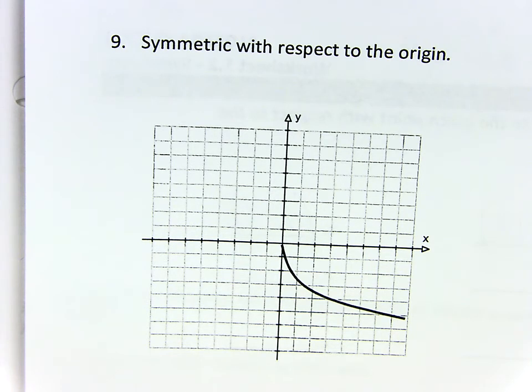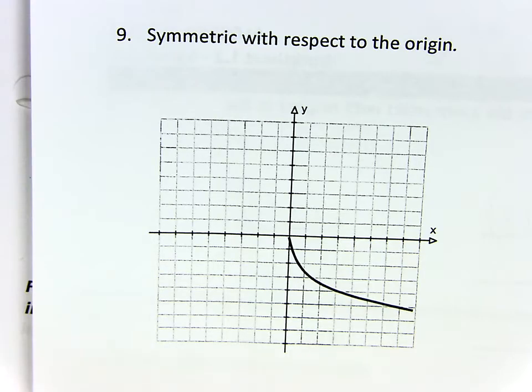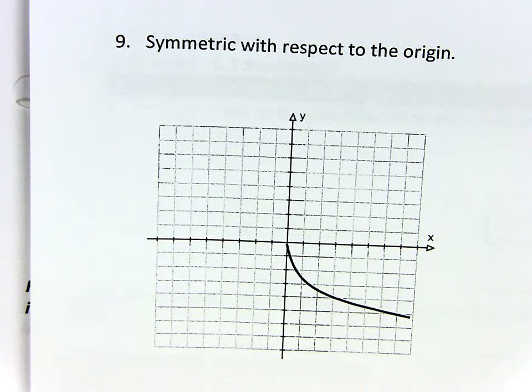Where would it land? If it helps you to do it in 2 stages, you can reflect it over one and then do the other. Just make sure that you erase the part that you don't need or cross it out or something.